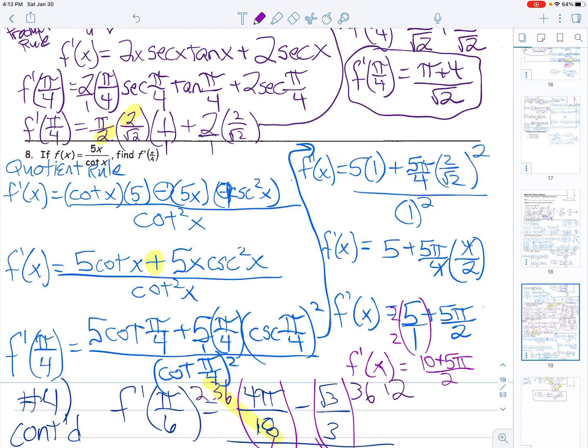Right, so I'll say 10 plus 5 pi over 2. That's nice and tidy there. All right, so there you go. Slope of the tangent line once again to that curve at pi over 4 radians, people. All right, so there it is, these exact values. So that's coming into play here, all right, with the stuff.